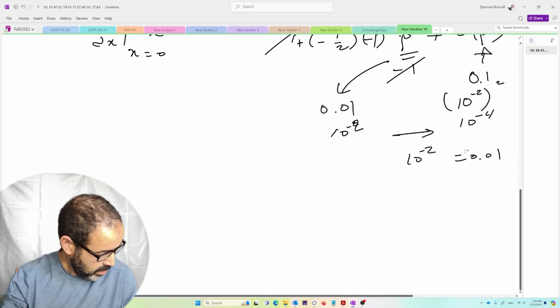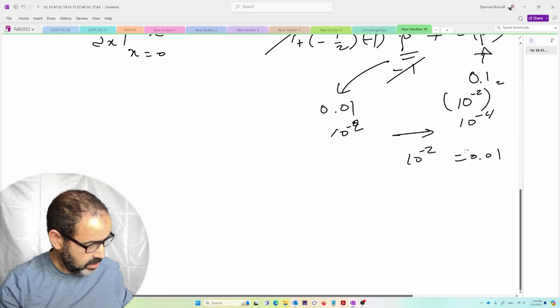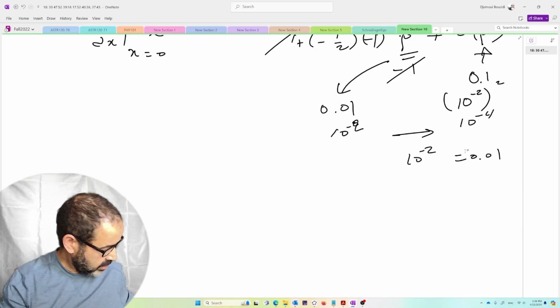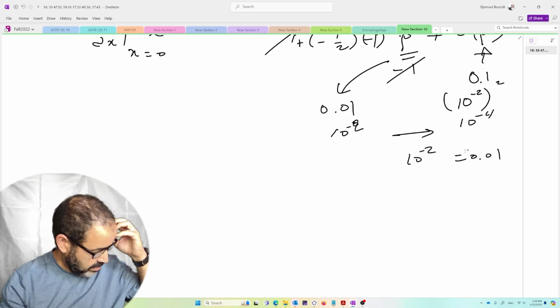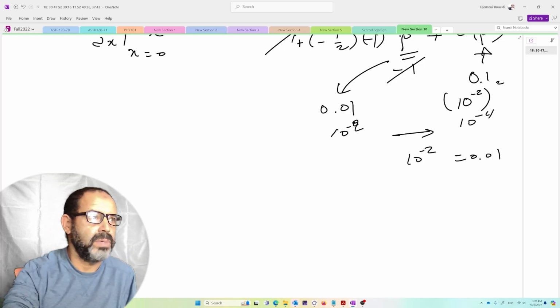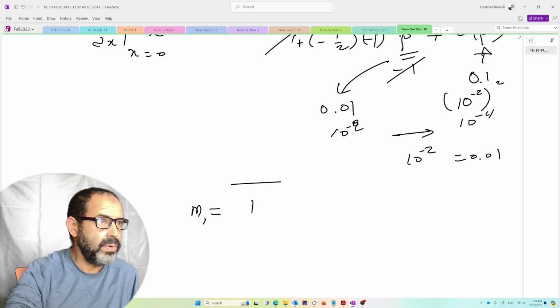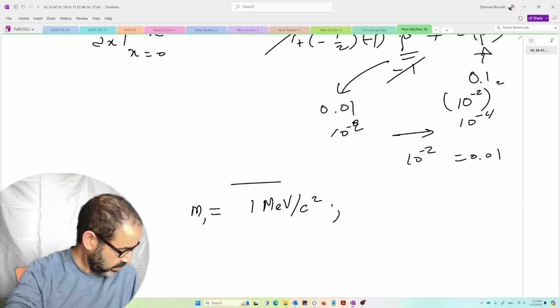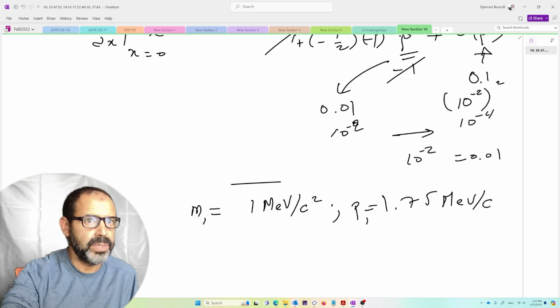Okay. And the next problem is problem 47. It says an object disintegrated into two fragments. Basically, they give you the mass of the first piece, m1 equals 1 MeV per c squared, and they also give us its momentum, which is 1.75, I'm going to call it p1, in MeV per c.